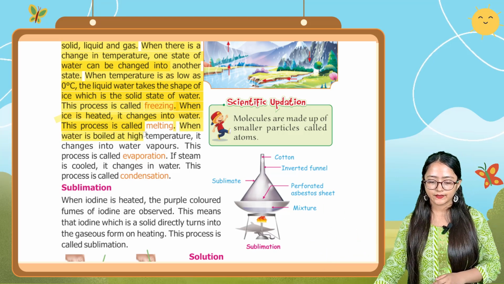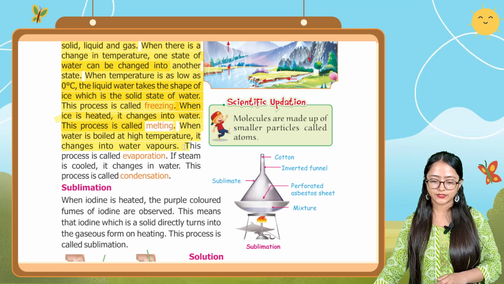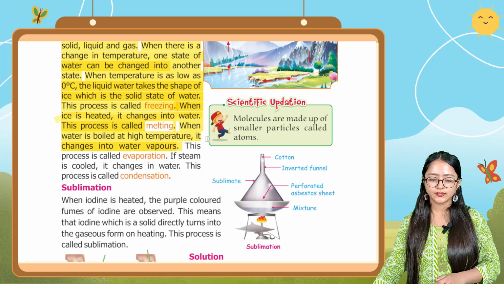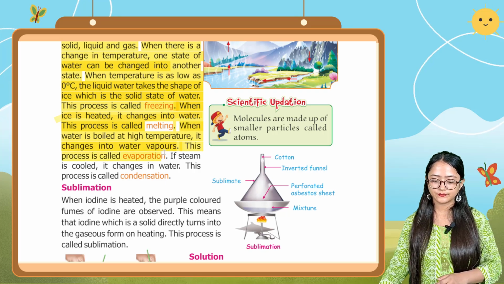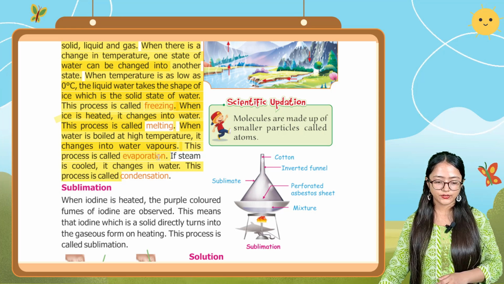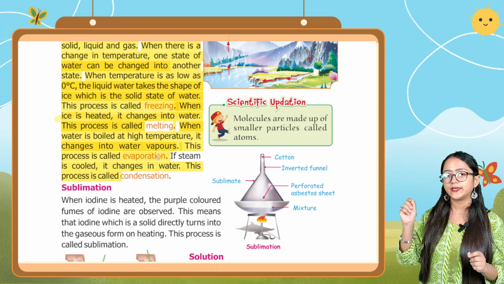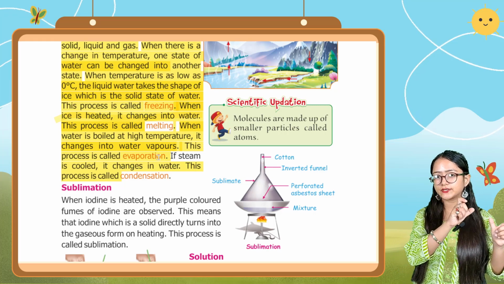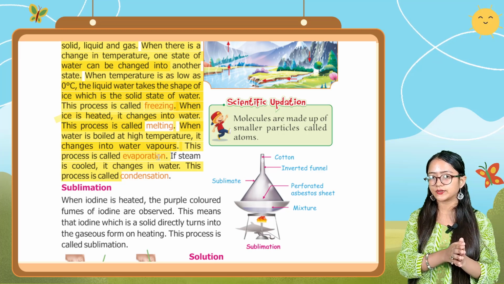When water is boiled at high temperature, it changes into water vapors. This process is called evaporation. So first, when you freeze the water, it becomes ice, and that process is known as freezing.